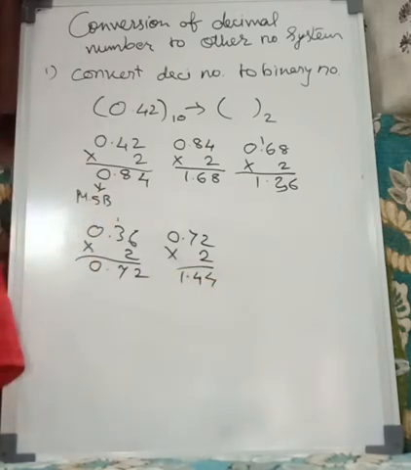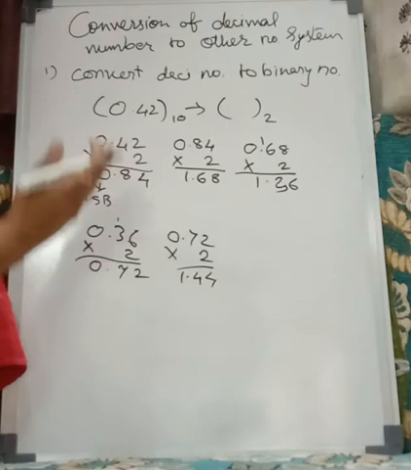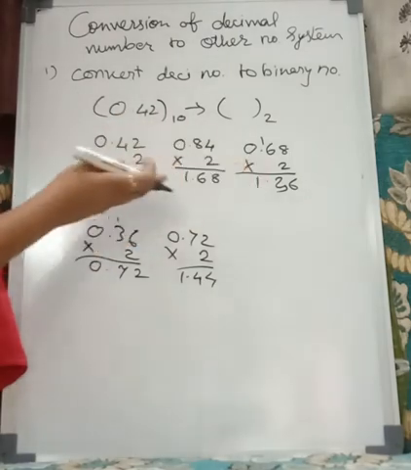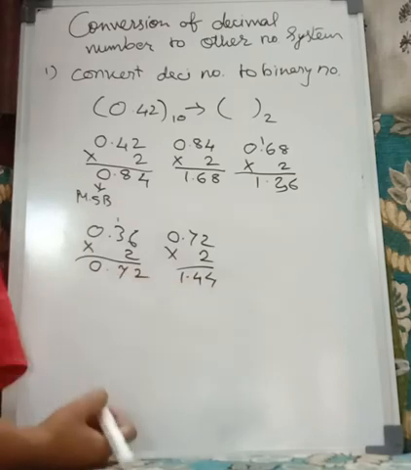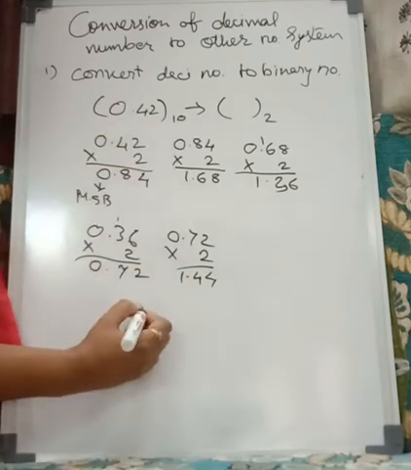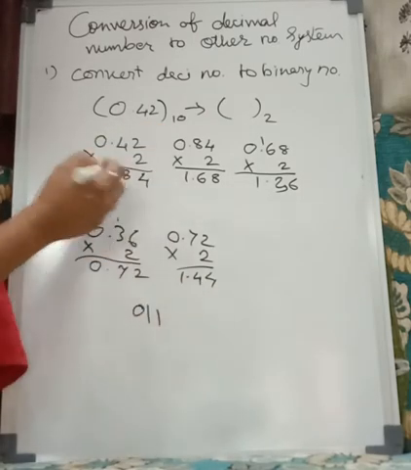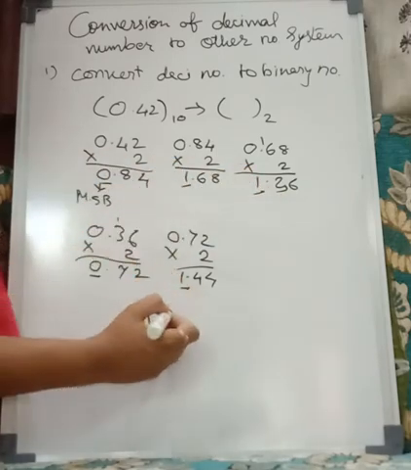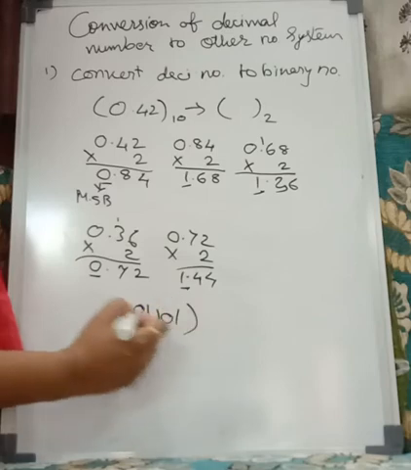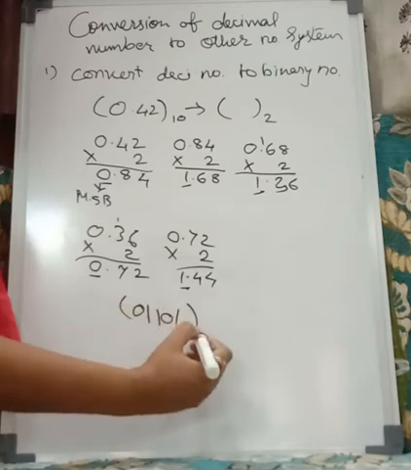Further we can continue, but for now we take 4 digits. This will be the MSB and this will be the LSB, so our number will be 0 1 1 0 1.